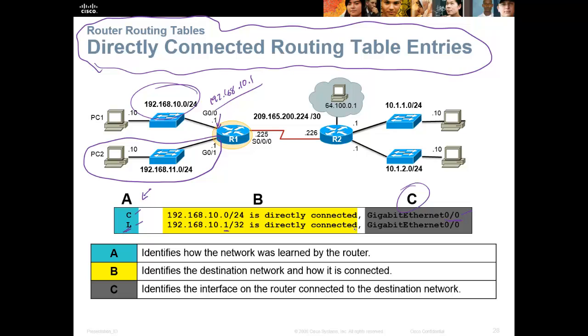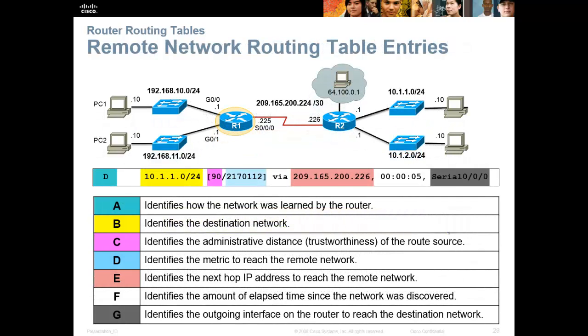It is also directly connected, and it is the same interface. I know it looks like a silly thing that you write it 2 times, connected for the interface and the network, but this is the way the router does it. There is of course a reason for that. I don't want to discuss the reasons now, but just take it as it is.